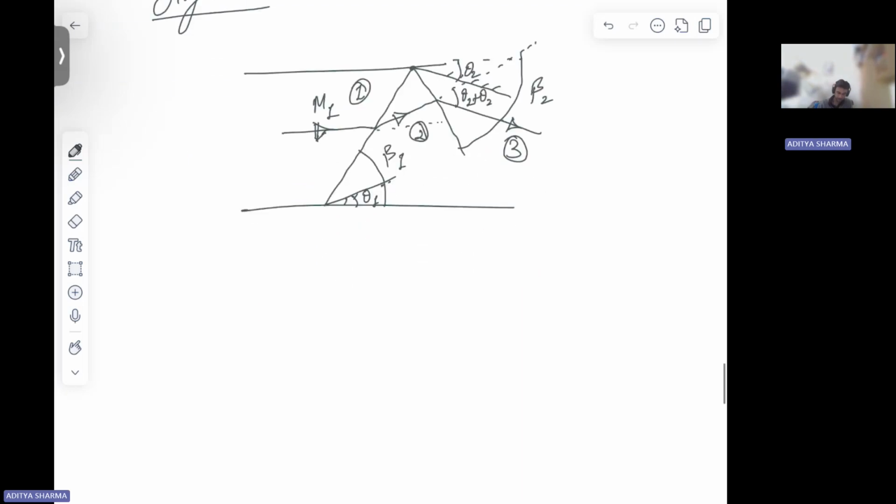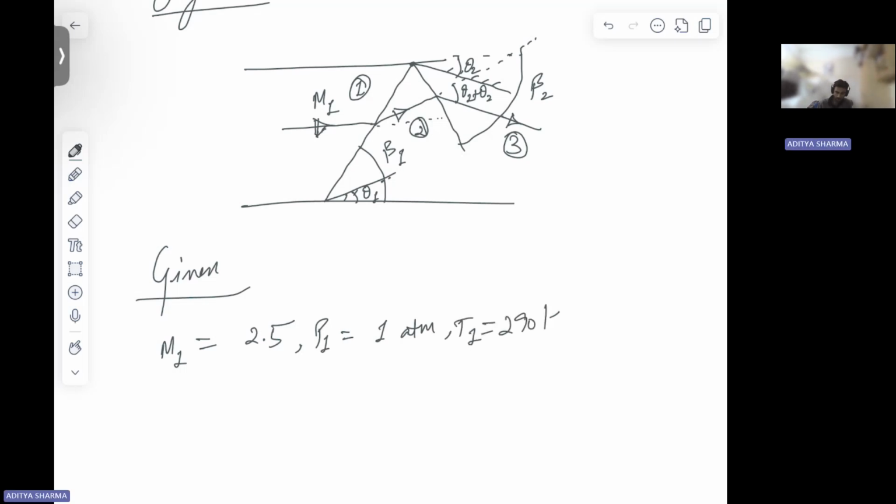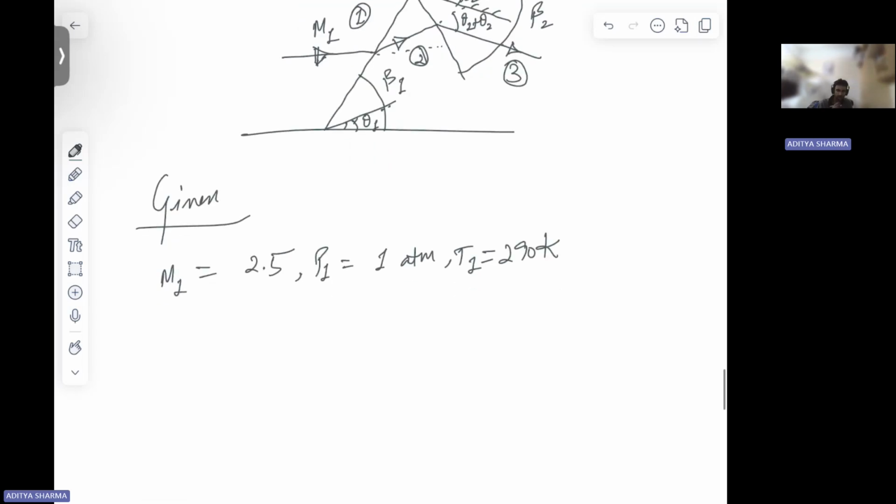Now let's see what the question has given to us. So M1 is given to us as 2.5. P1 is given as 1 atmosphere. T1 is given as 290 Kelvin. Theta 1 is 12 degrees.